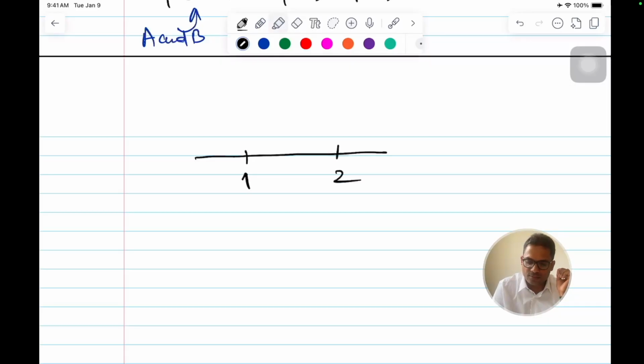As we know from the earlier discussion, there can be infinitely many points between 1 and 2. Now I ask you, what is the probability of getting 1.5? If I take my pen and put it on this number line, what is the probability of getting exactly 1.5?